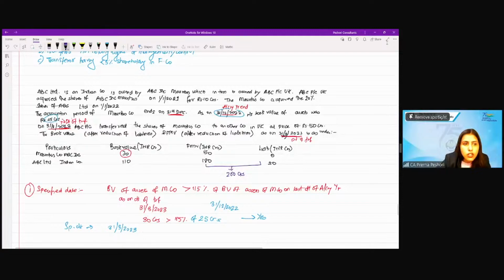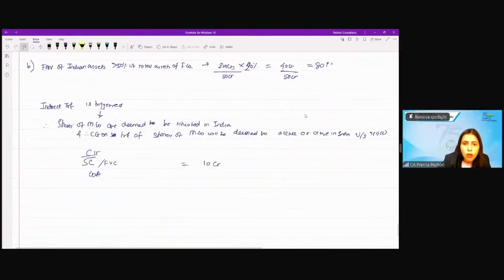Sorry, the sale consideration will be 50. How 10? It will be 50, na? ABC has transferred the shares of the Mauritius company to another company at a price of 50 crore. 10 crore will be my cost. So sale consideration will be 50, and cost is 10 crore.